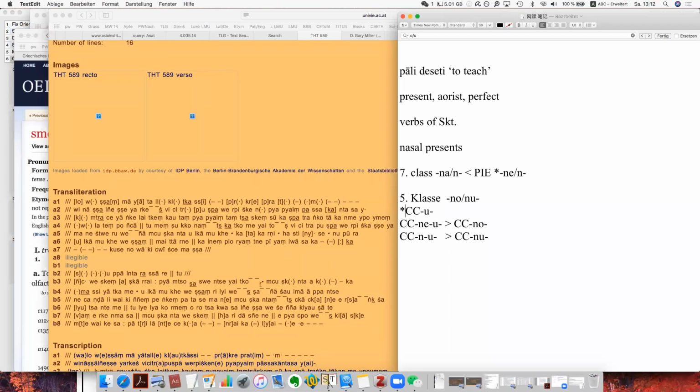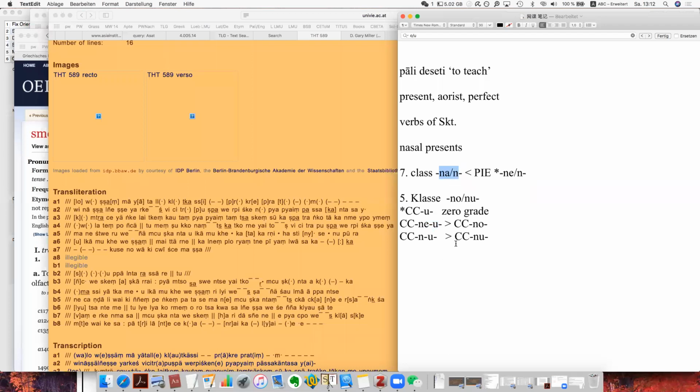If we have a root with such a structure, namely CCU, where CC means two consonants, and this is a zero grade, I hope you remember that the infix class should be built to the zero grade, just like the na, nu, or other classes.